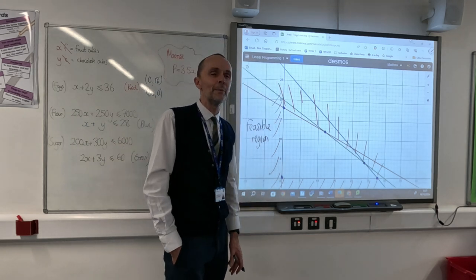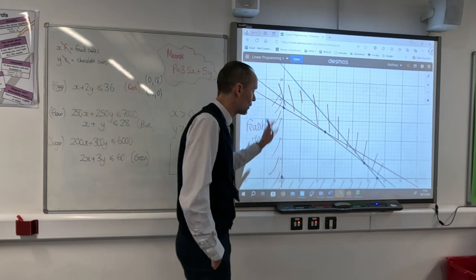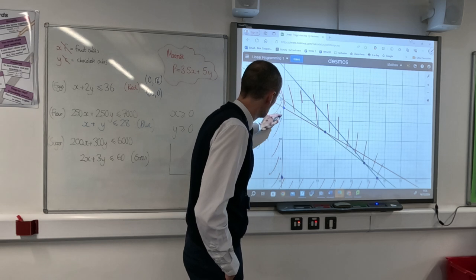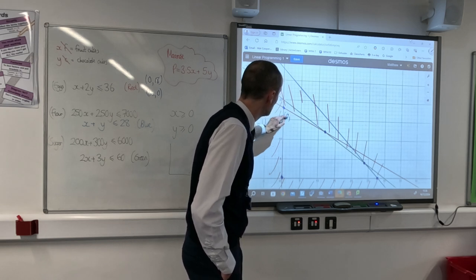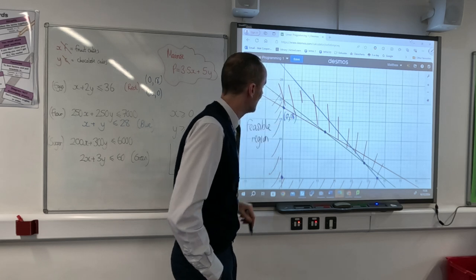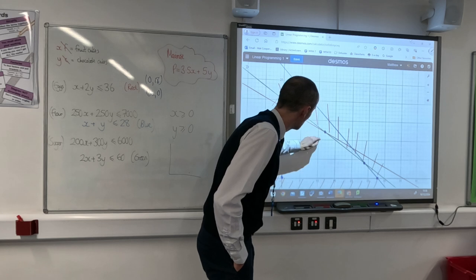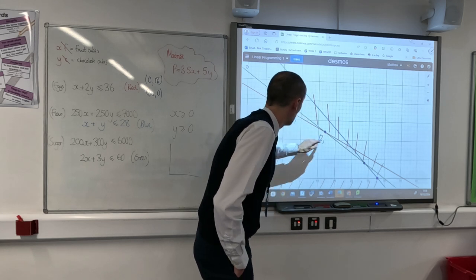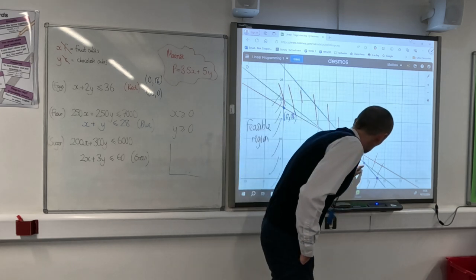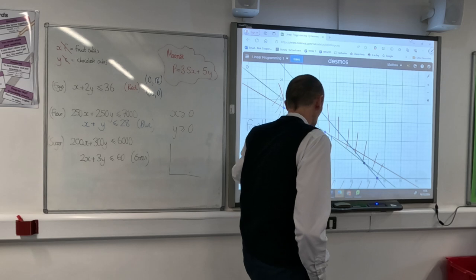I'm hoping you are happy with me ignoring that possibility, because it is at the corner of the feasible region, but it's not very good. So this solution here is that she makes no fruit cakes and 18 chocolate cakes. We've got this solution here, which is that she makes 12 fruit cakes and 12 chocolate cakes.